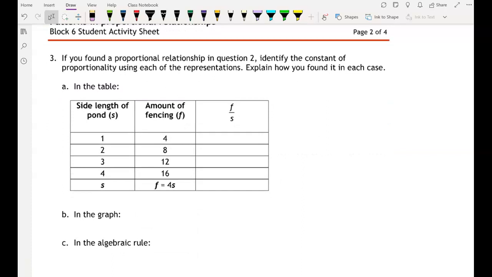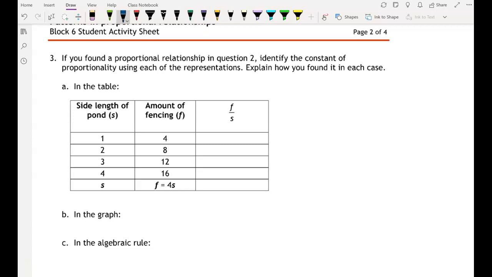Now, if you found a proportional relationship in question 2, identify the constant of proportionality using each of the representations and explain how you found it. Well, gosh, it seems awfully easy, right? Remember everything we've learned so far about the constant of proportionality?